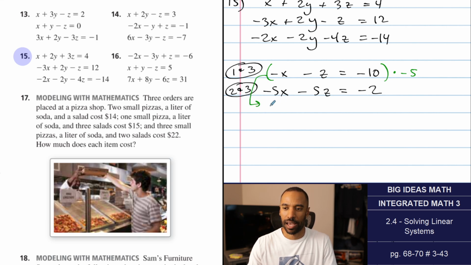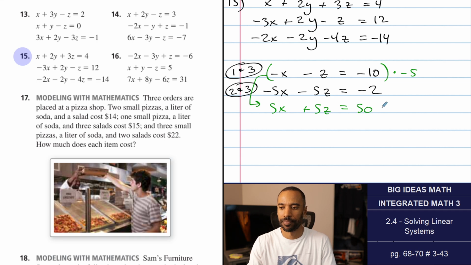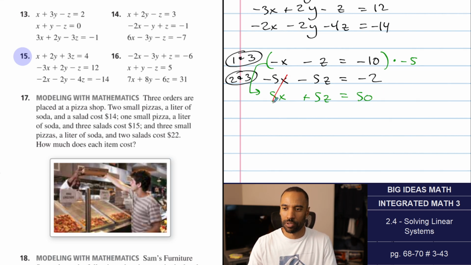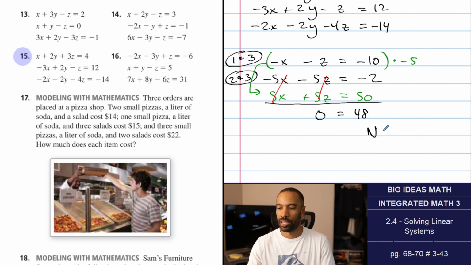So if I do that, I'll get 5x plus 5z equals 50. And now when I eliminate, you'll notice these go away and these go away, but the right side does not go away. And when I say go away, I mean become 0. So 0 equals, in this case, 48. Definitely not a true statement. All variables canceled. This is a no solution set.